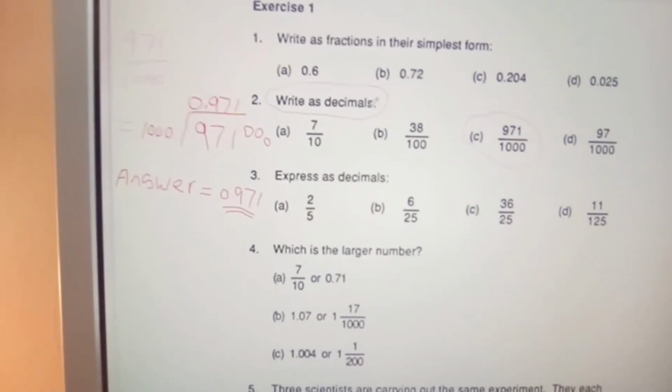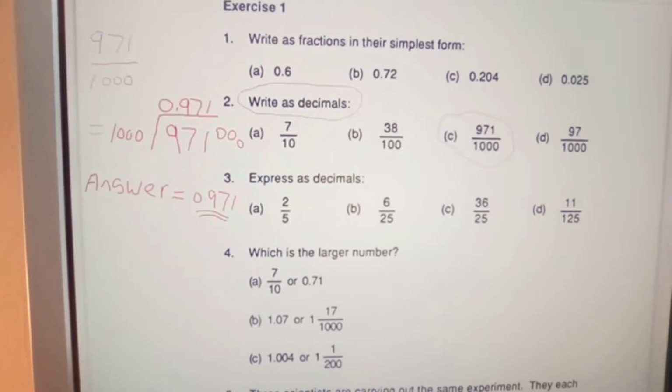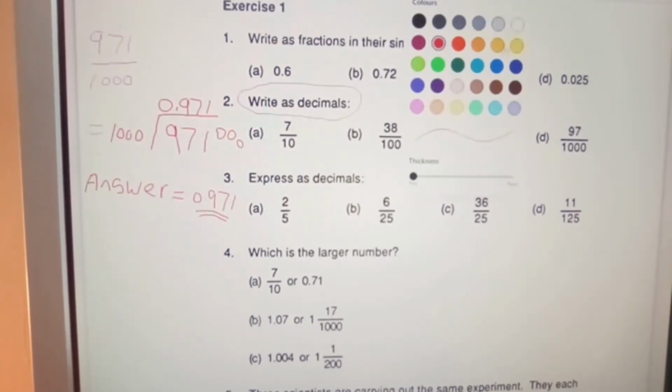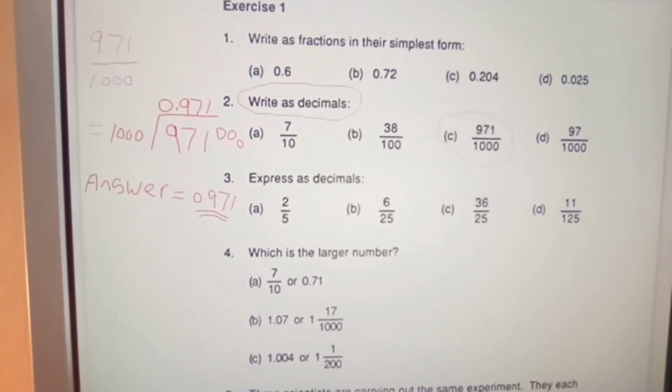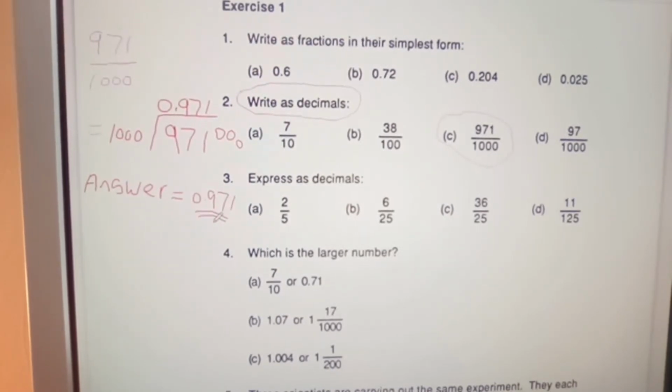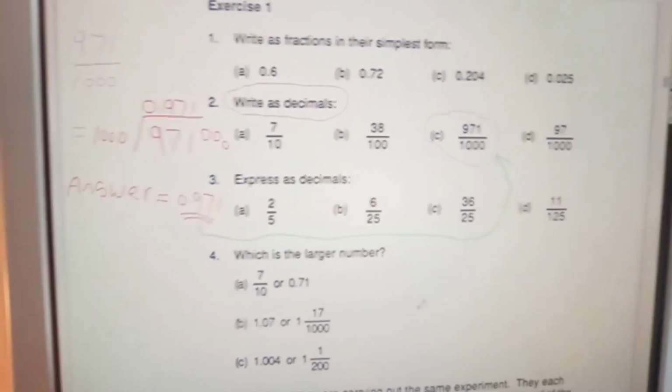Let me change the pen again so we get the color that is relevant for us. This here represents a decimal of this.